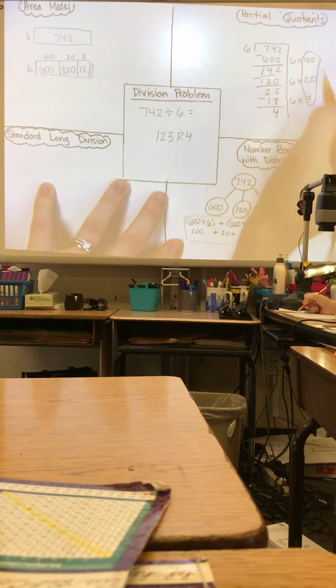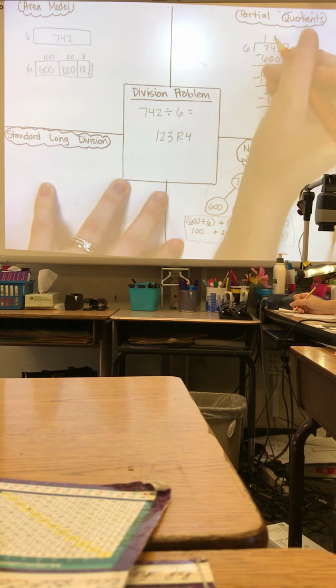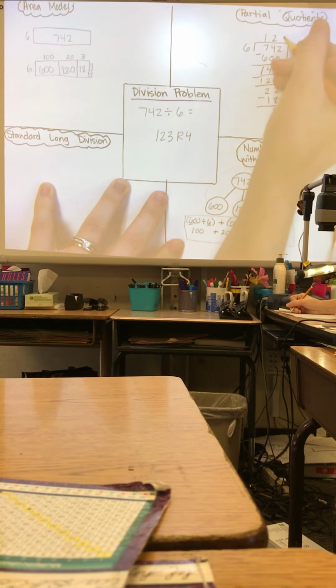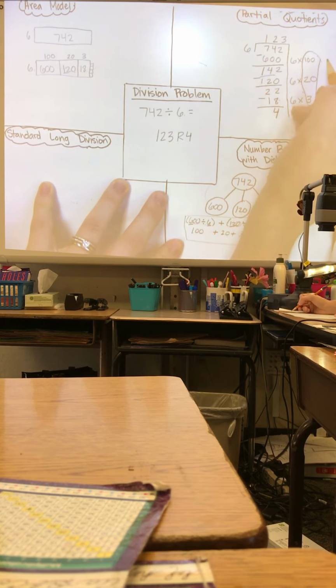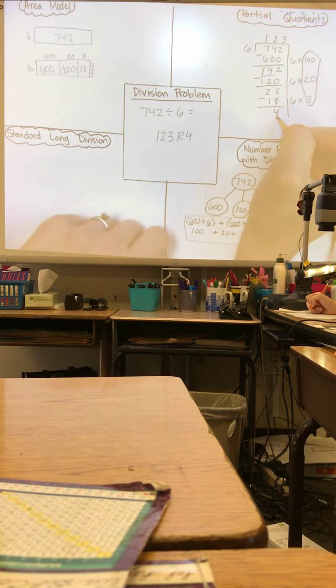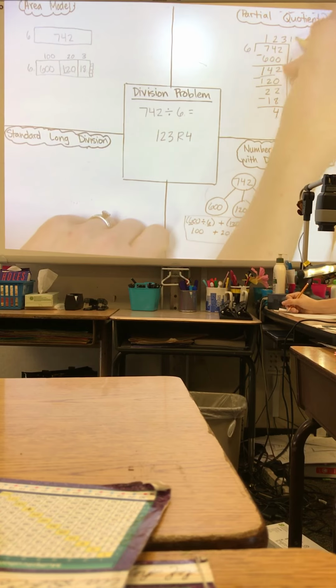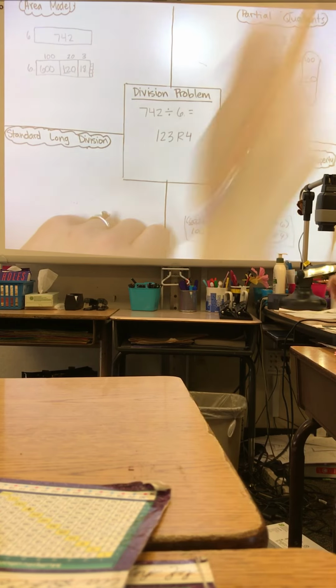And I get 100, 20, and 3. So I'm going to put 100 over my hundreds place, 20 in my tens place, and 3 in my ones place because I added my partial quotients. These are my partial quotients. Then I need to come down for my remainder, and my remainder is 4.